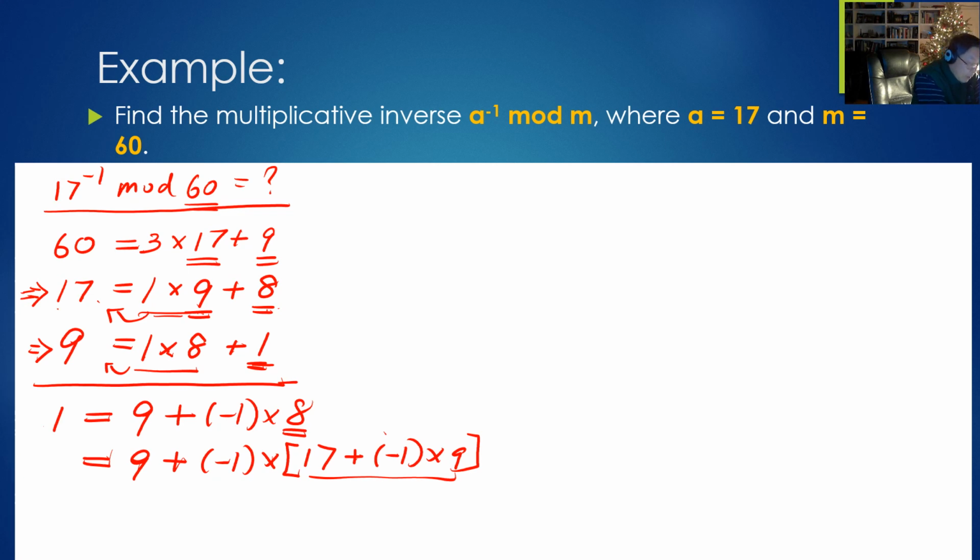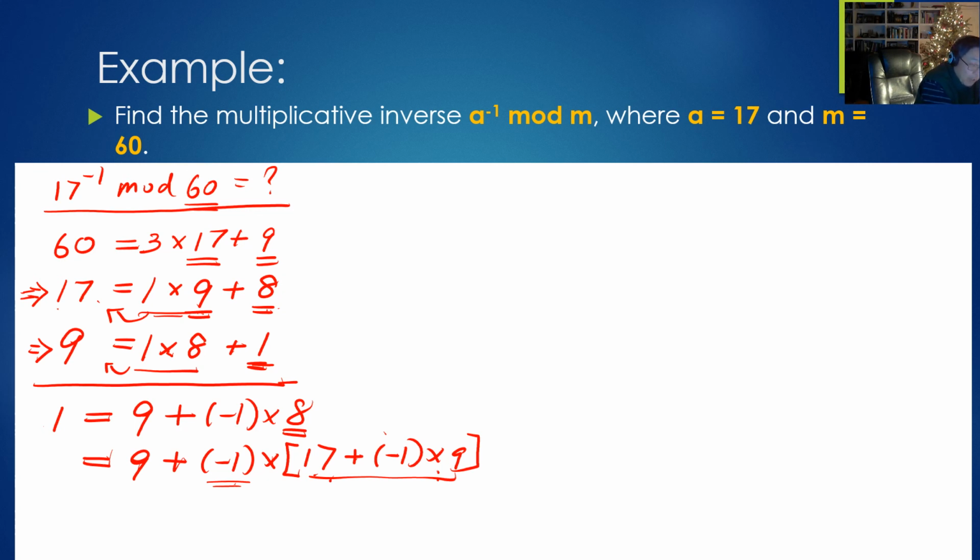Okay, so now let's do this. So I can use distributive law and multiply this minus 1 into each of the items inside. Don't actually add together because I want to keep that form.